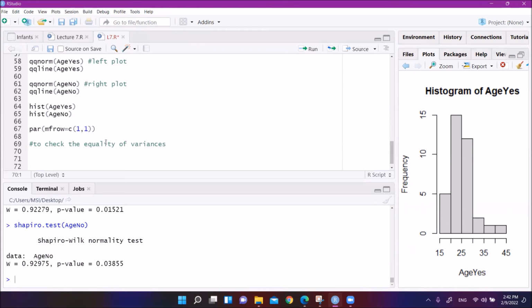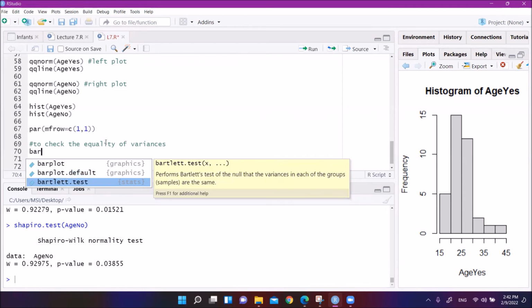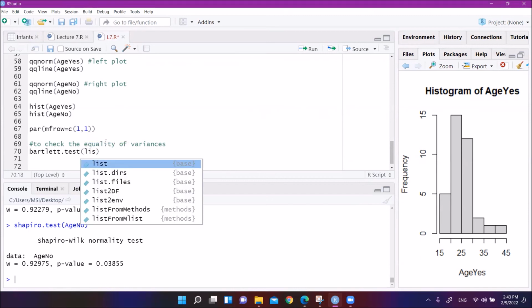It doesn't have to be equal, it doesn't have to be not equal, but you have to check and use the fact whether you're going to use this pooled variance or the same variance, right? That is why, because the variance term is coming in this test statistic when you're using the test. That is why you need to do this. So that is the Bartlett test, right? There you usually give it as this.